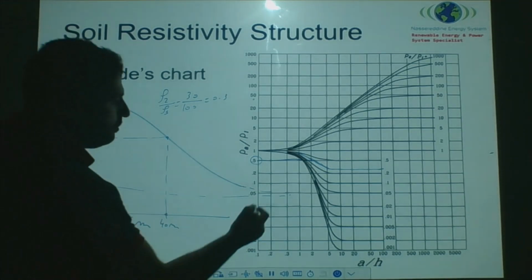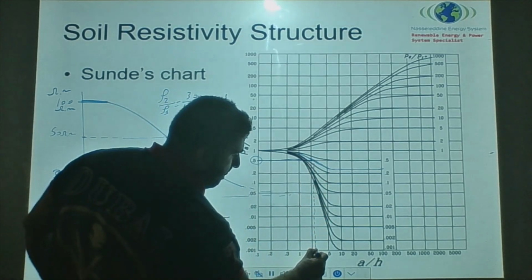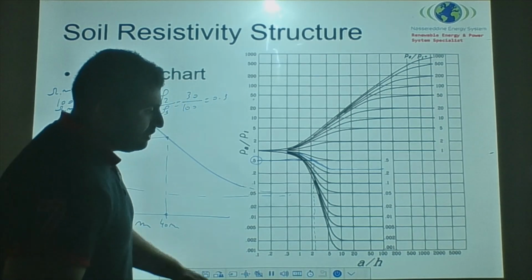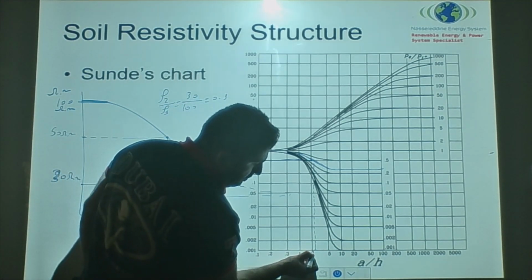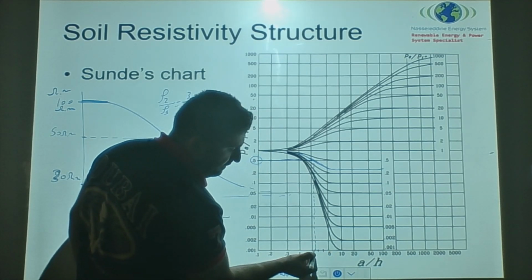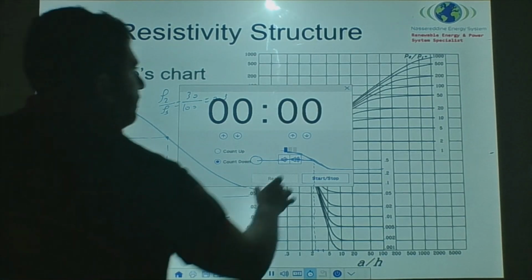I go back into here. Where is this located? 2, 3, 4, 5. So maybe it's about 2.5. If this is 2, this is 5. Let's say this is the 3, 4, and 5. So it's at 2.5.